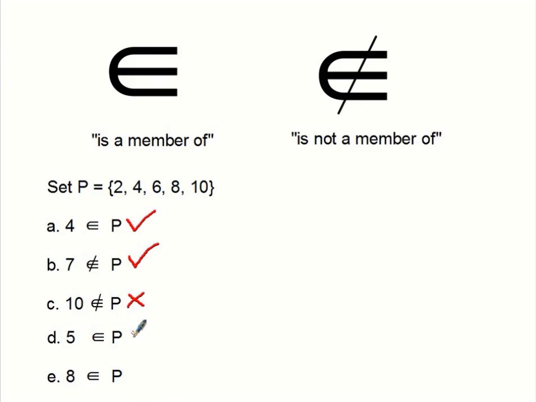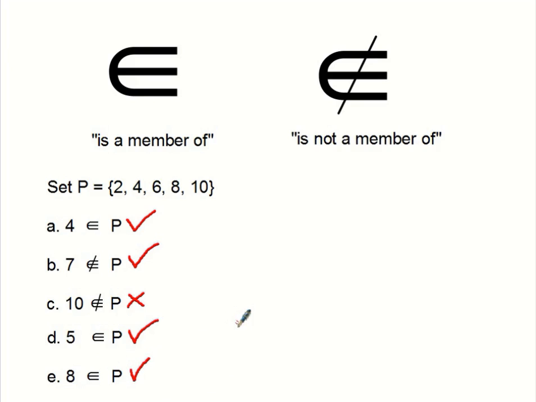No, we cannot. So this statement is also false. 5 is not a member of set P, and this statement says that 5 is. So it is wrong. And the last one says 8 is an element of P. It's a member of P. And it is true.